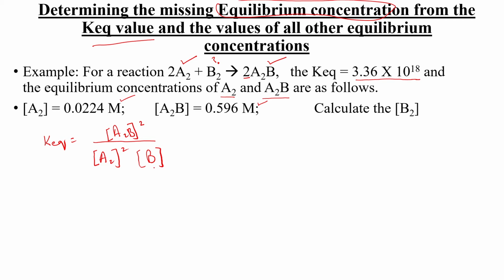So like any other equation rearrangement, you will be moving the variables wherever you need to move them. B2 is what you need to find, meaning you want B2 to be at the numerator and by itself, so B2 will move up. You do not want this K equilibrium with B2, so this K equilibrium will come at the denominator.